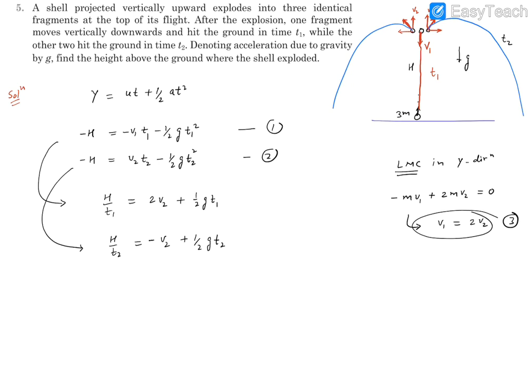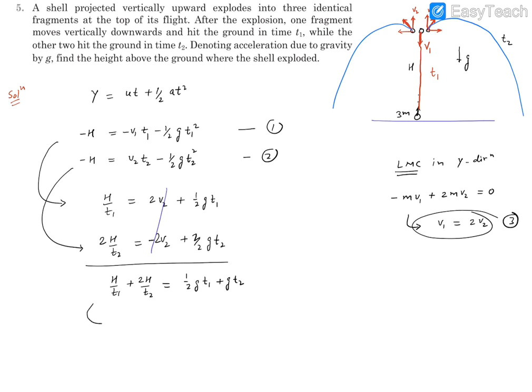Now we can multiply this equation by 2, which helps simplify these two equations. Now you can add the two equations, and the v2 terms get cancelled out. So we get h by t1 plus 2 times h by t2 is equal to half g t1 plus g t2. Now h is the only unknown.